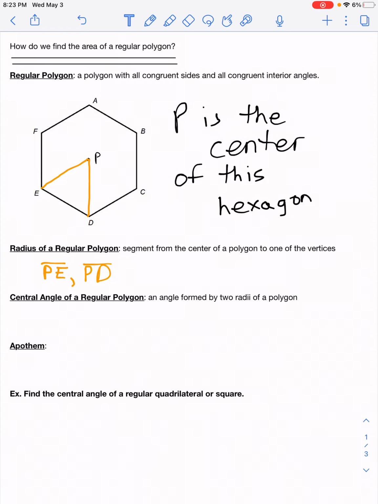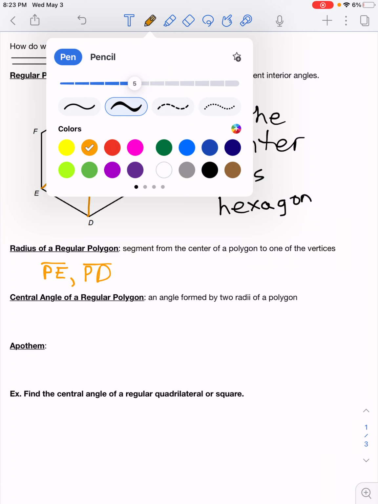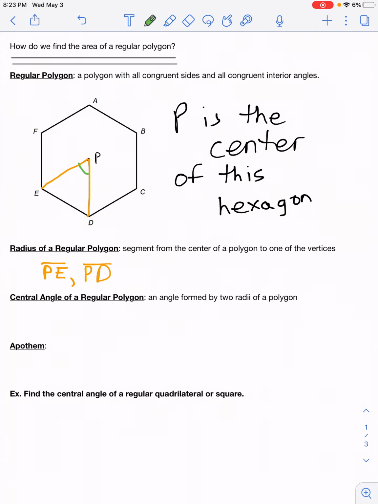In this case, this could refer to angle EPD. It could also be DPC if we drew the radii from P to C, or any of those other radii that we could draw in there.